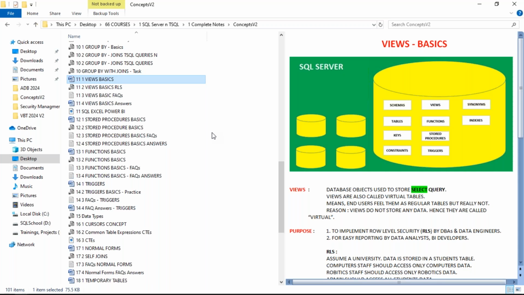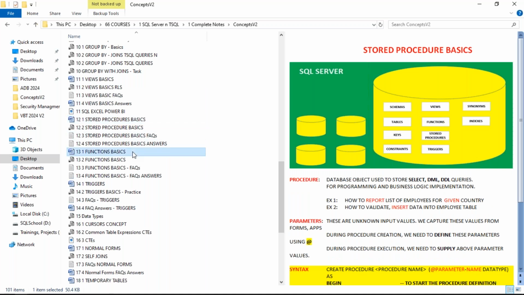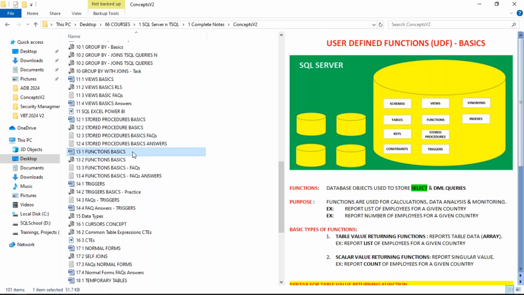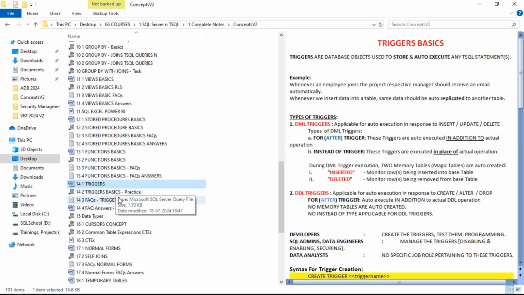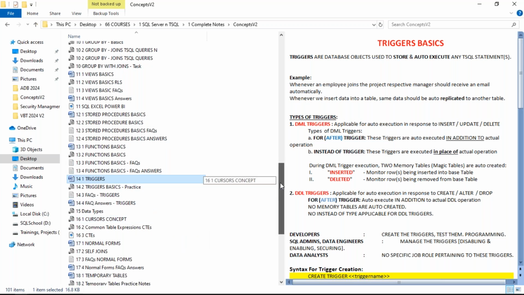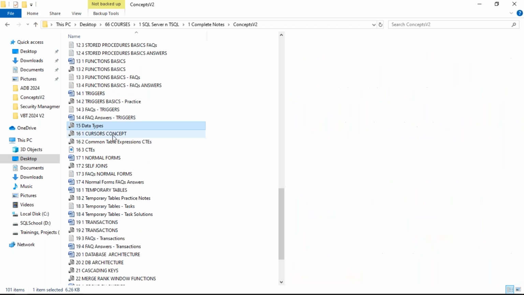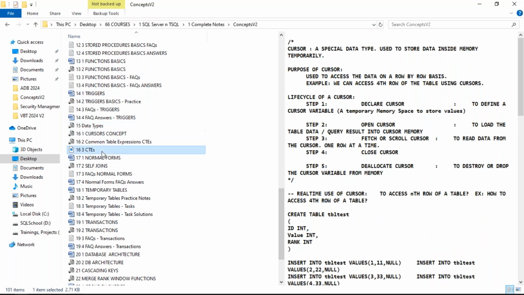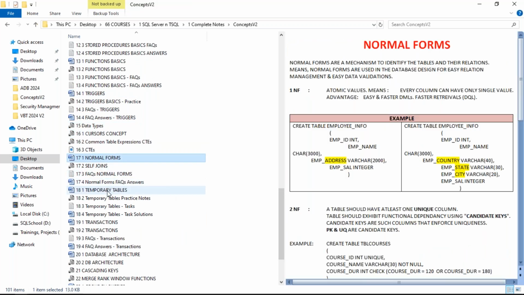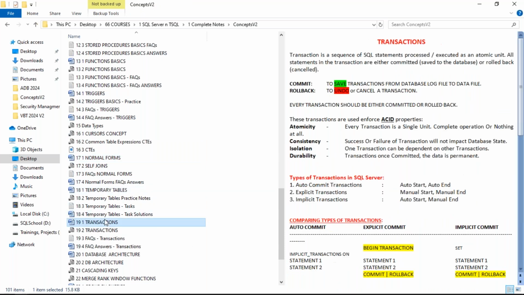So we need to touch every part of the database objects like views, procedures, functions, synonyms, data types, user defined types, triggers, and something called sequences, etc. Understand various data types, cursors, common table expressions, normal forms, temporary tables, transactions, and so on.